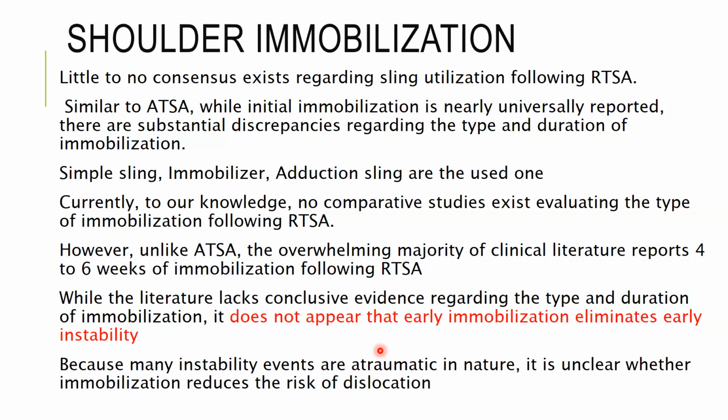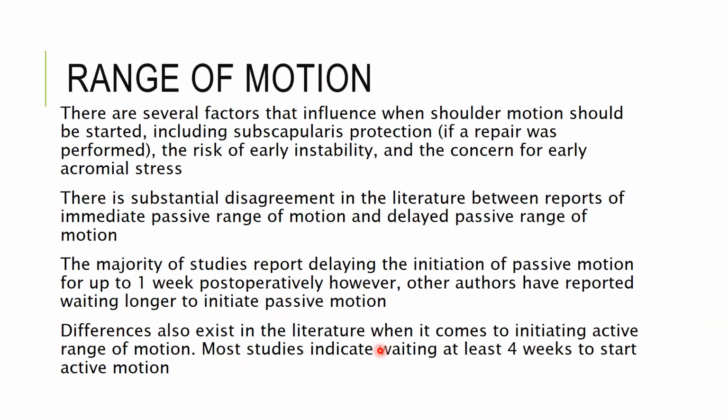What they recommend and say is that most of the time immobilization is to eliminate instability at the early stage, but the majority of the instability is atraumatic in nature, and they are not sure whether immobilization actually helps in preventing dislocation in the initial phase. Regarding range of motion, there are several factors which influence shoulder range of motion. It primarily depends upon the repair, if it is done for the subscapularis, to help in the healing.